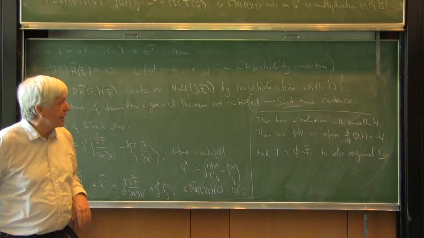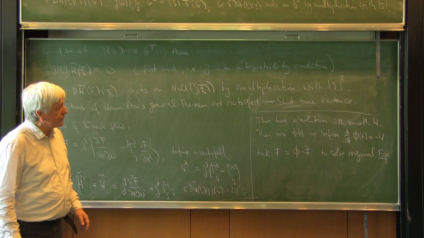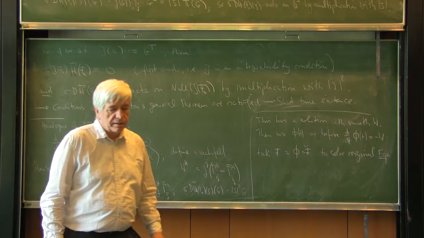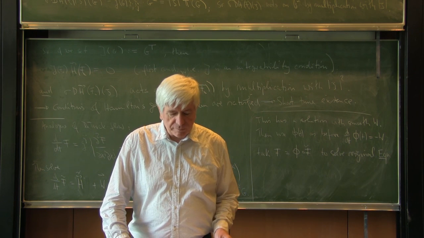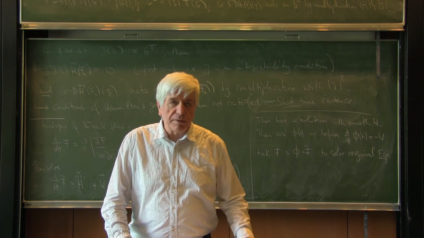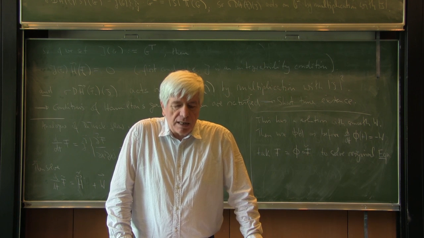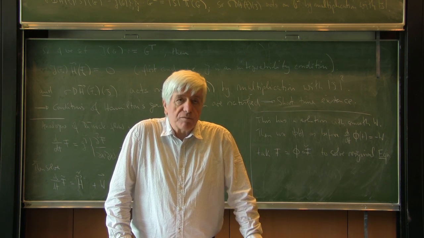And with that, I think we leave the result on short-time existence, and then in the next lecture we look at the long-time behavior of the flow and aim at understanding what is the criterion for the flow to stop.